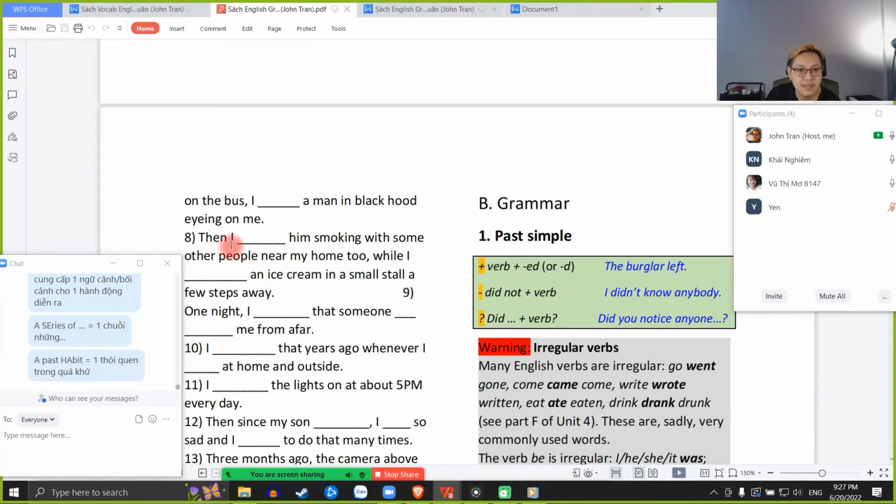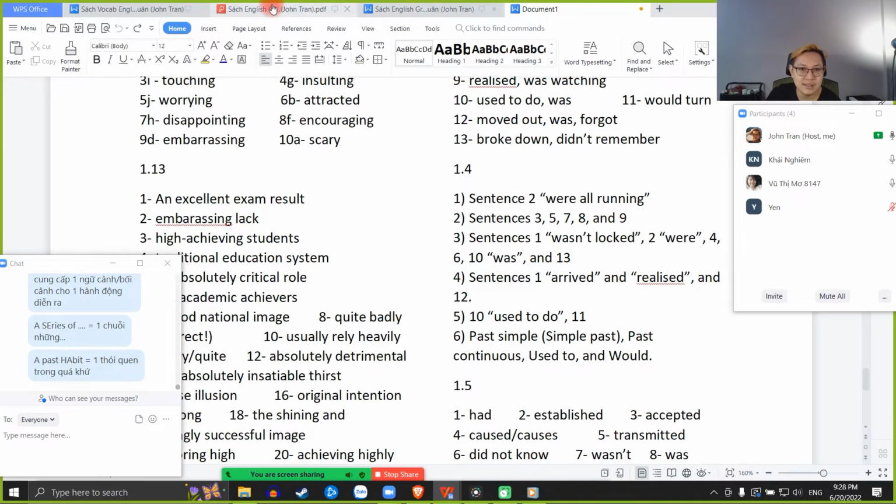And number 8. I saw him smoking. That is an action. Đó là một hành động, là tôi thấy hắn đang hút thuốc. Where's the context? When I was enjoying my ice cream. Đó, cái bối cảnh là khi tôi đang thưởng thức cái kem thì tôi thấy ổng. Đó là cái bối cảnh và cái hành động đó. And then there's another one, number 9.